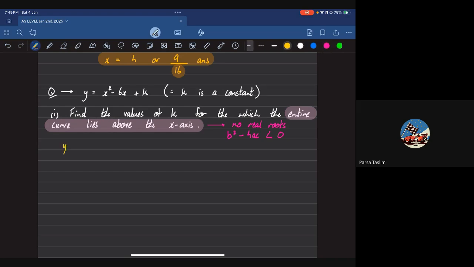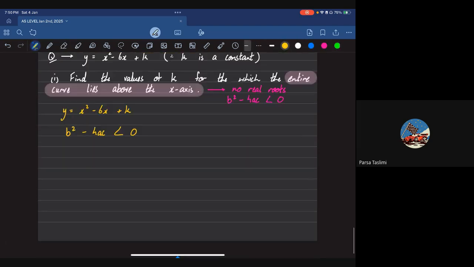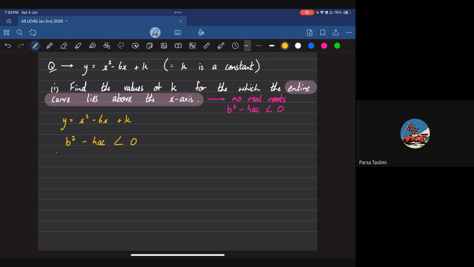So it's going to be minus 6 squared minus 4 times 1 times k. So it's basically 36 minus 4k less than 0. Here a is equal to 1, c is equal to k.